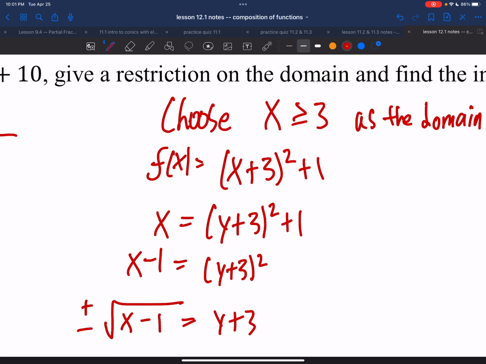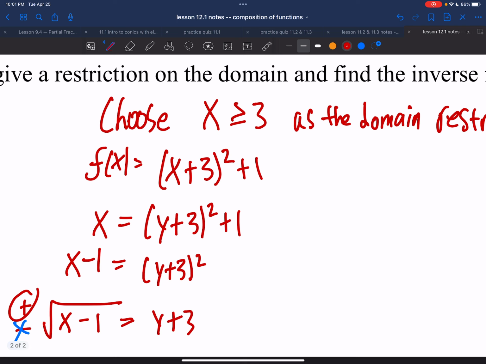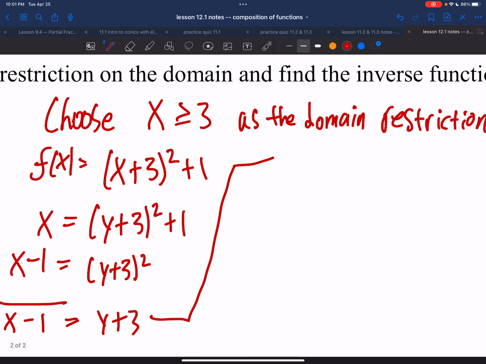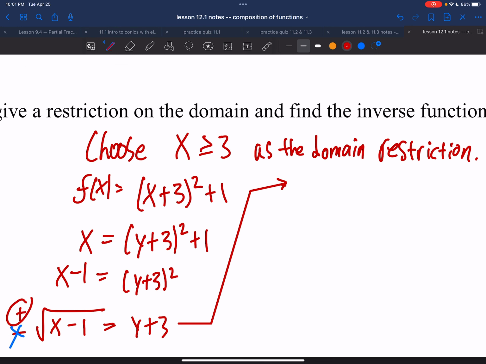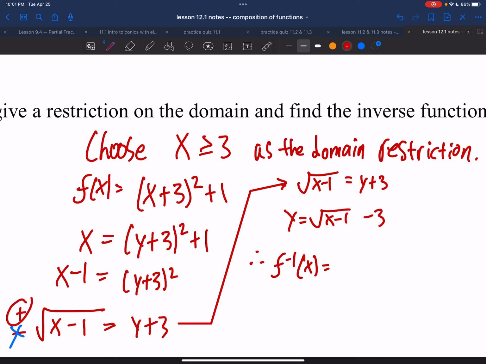How exactly do you know? Well, you chose the right leg, so it's the positive one, not the negative one, so we're going to scratch that out. So the square root of x minus 1 equals y plus 3, so then y equals the square root of x minus 1, minus 3. Therefore, the f inverse function of x is the square root of x minus 1, minus 3.